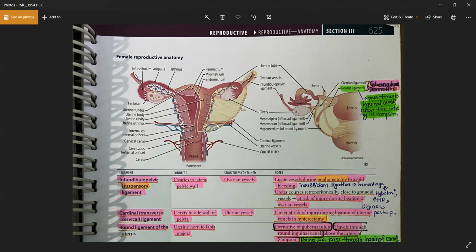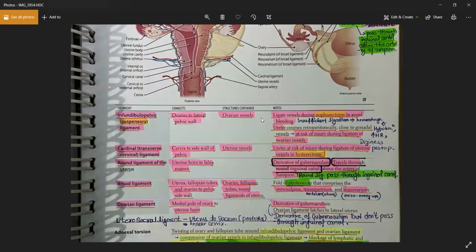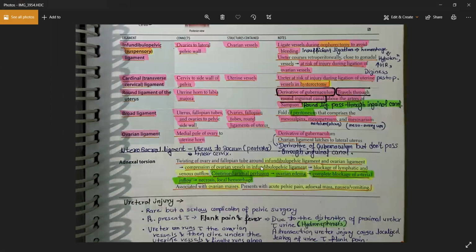So whenever you want to perform either an oophorectomy or a hysterectomy, you need to carefully ligate these vessels, because if you ligate these vessels and you somehow get the ureter damaged, the patient can have a leakage of urine.